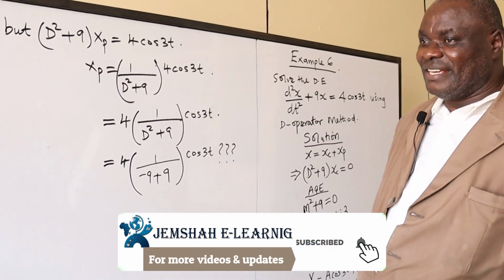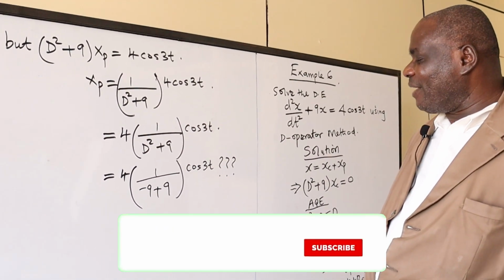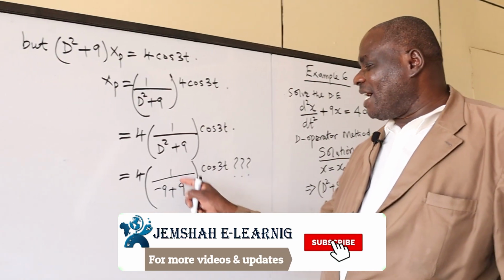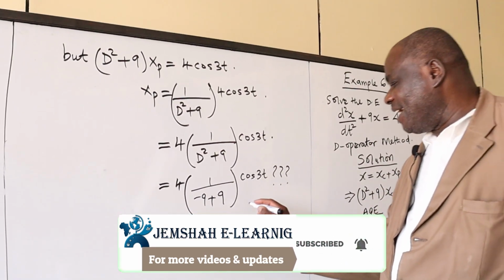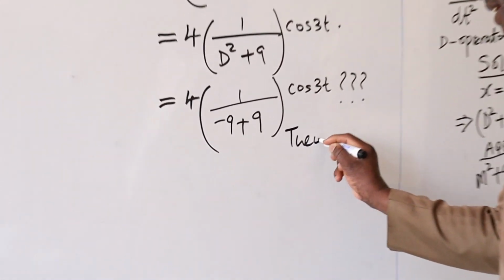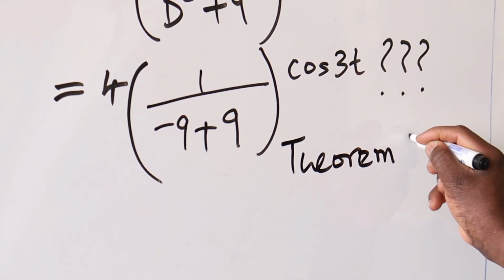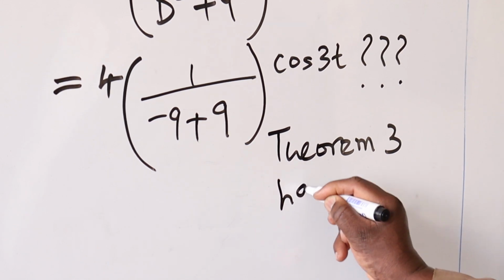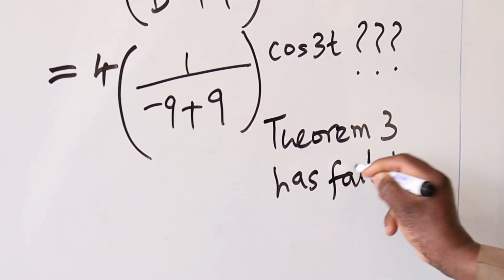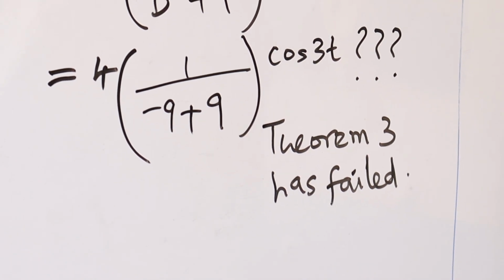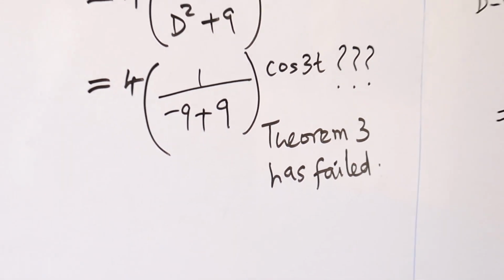It gives us an infinite value. So this cannot occur. So we say Theorem 3 has failed.